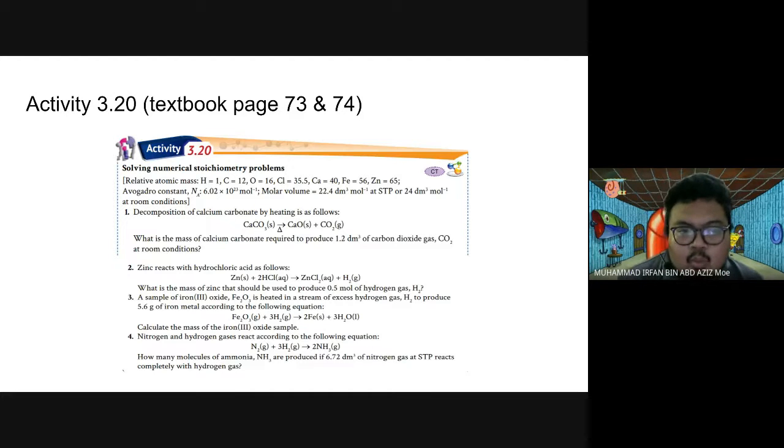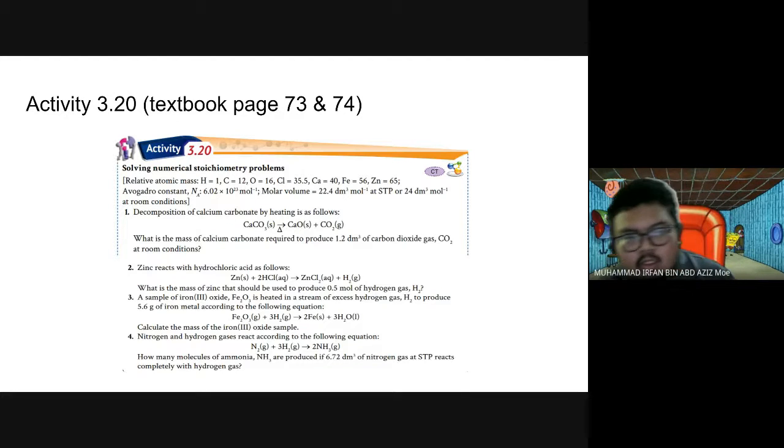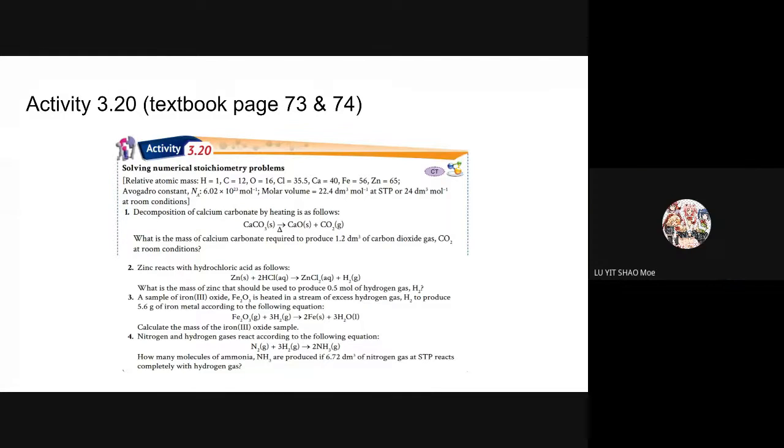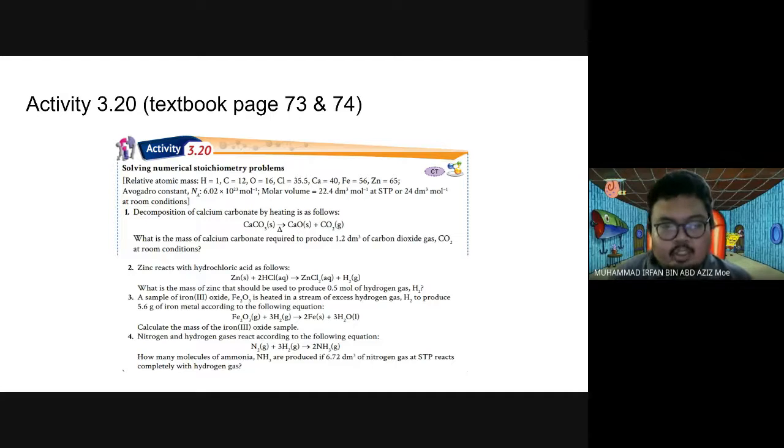Question 1 is easy because looking at that chemical equation, the ratio is 1 to 1 to 1. So it should be less than 5 minutes, around 2 to 3 minutes only.